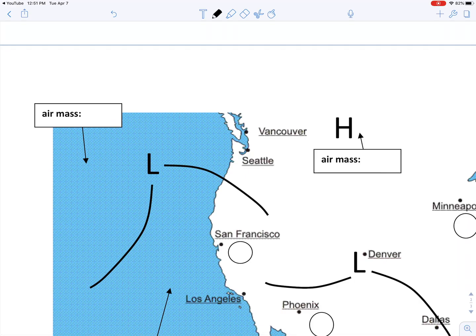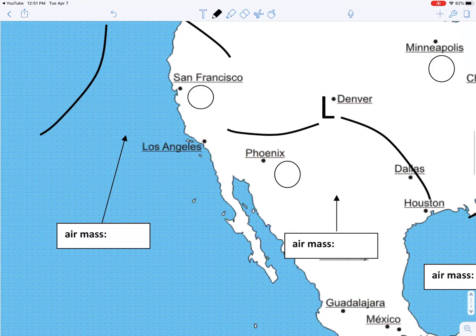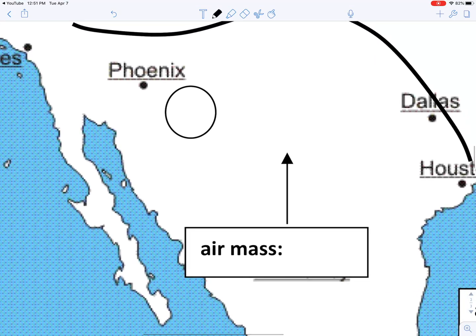So right off the bat, we're going to go over here. This air mass we know is going to be a cool air mass. It's over the ocean, so it's probably got moist air. Cool and moist air mass there. Down here, Southern California, down there where Christian's from, we know we are going to have a warm air mass here, but also moist because remember it's coming in off the ocean.